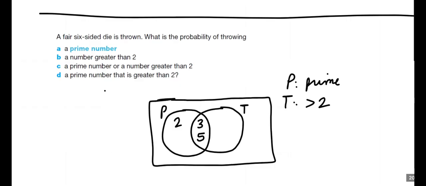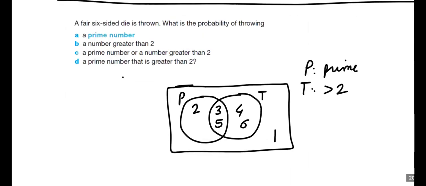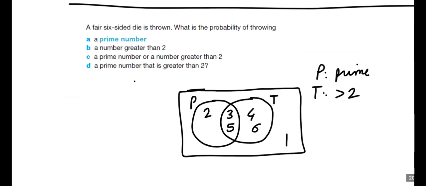Put them on the outside, 1, 4, and 6 go here. Oh wait, no. Why doesn't 4 go here? Four in greater than 2. Yeah. Six in greater than 2. And then 1 on the outside. So this is how we can set up the Venn diagram.